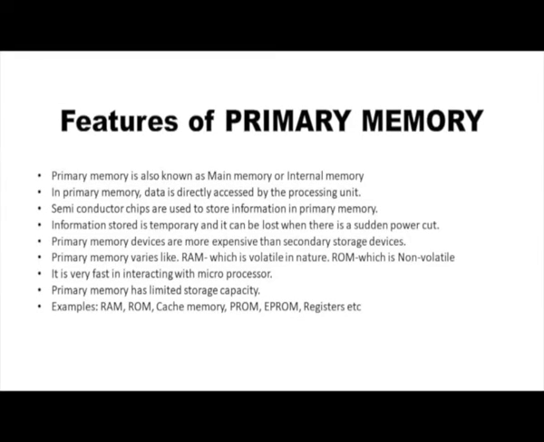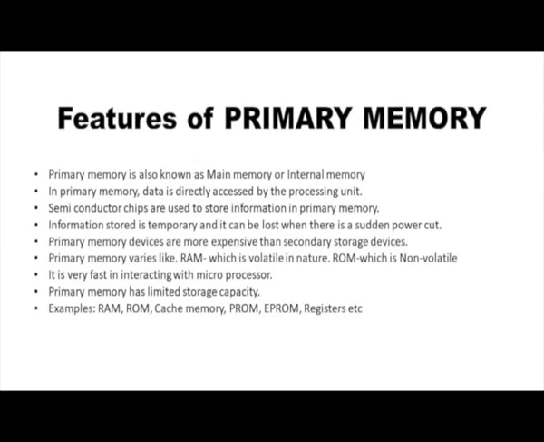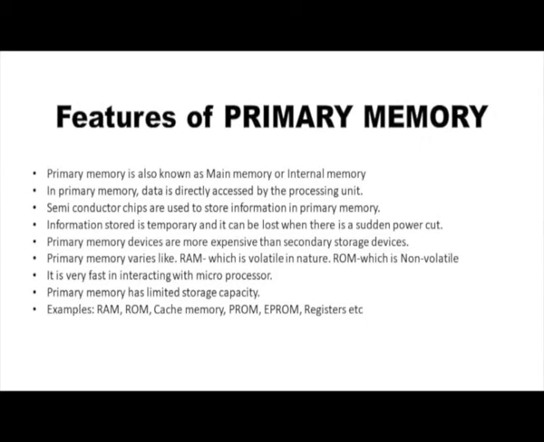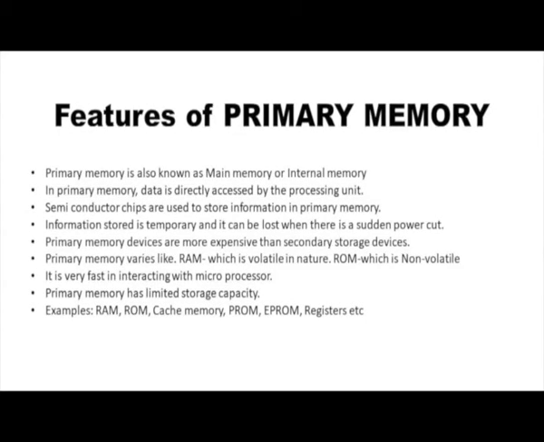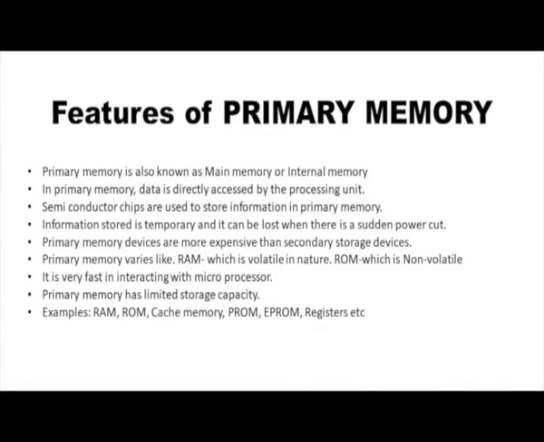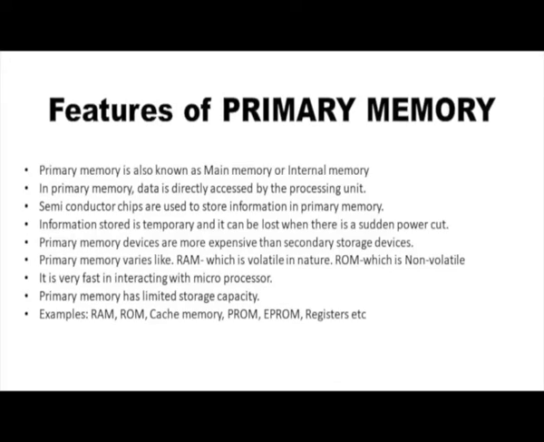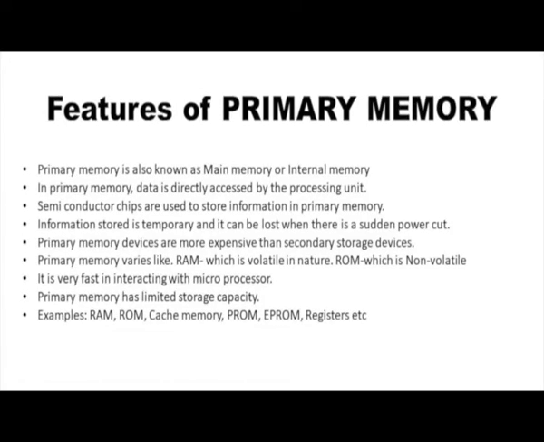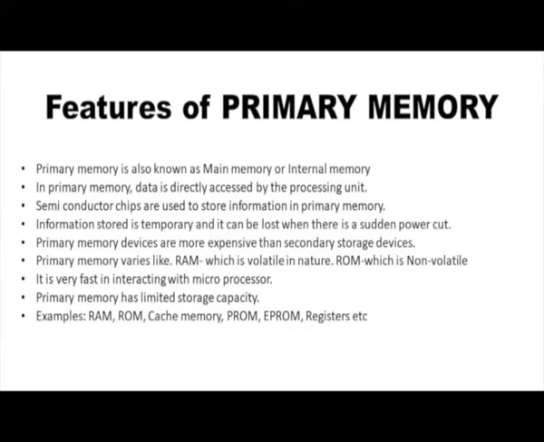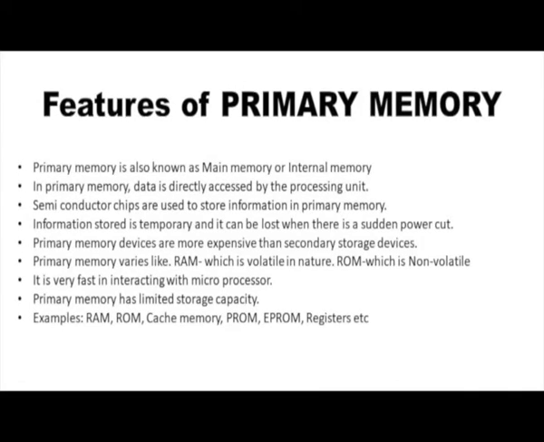Primary memory devices are more expensive than secondary storage devices. Primary memory varies: RAM is volatile in nature, ROM is non-volatile. It is very fast in interacting with the microprocessor. Primary memory has limited storage capacity. Examples: RAM, ROM, cache memory, PROM, EEPROM, registers, etc.